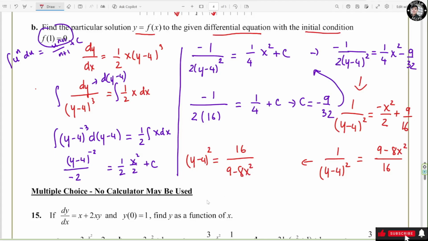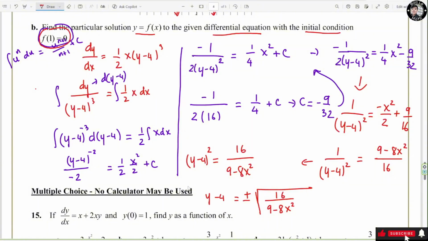Now I'm going to take the square root of both sides, so y minus 4 equals plus and minus the square root of 16 over (9 minus 8x squared), right? Now I'm going to use the initial condition to check for y, so x equals 1, y equals 0.